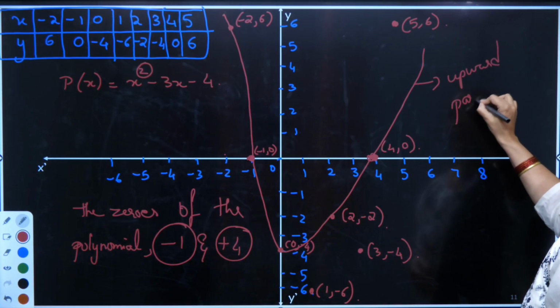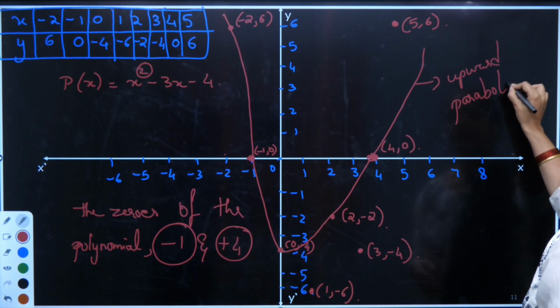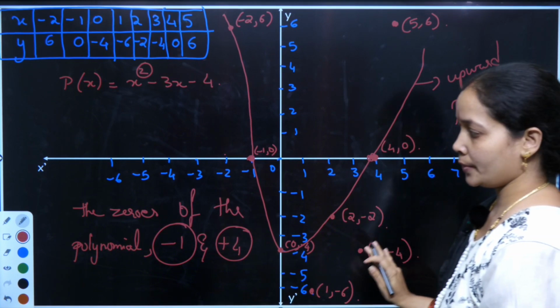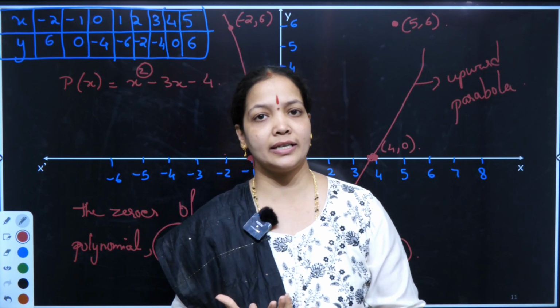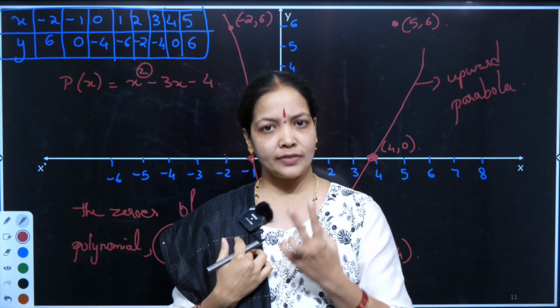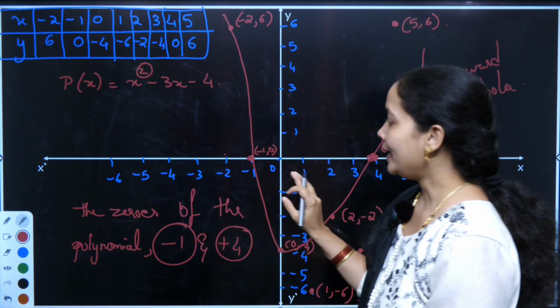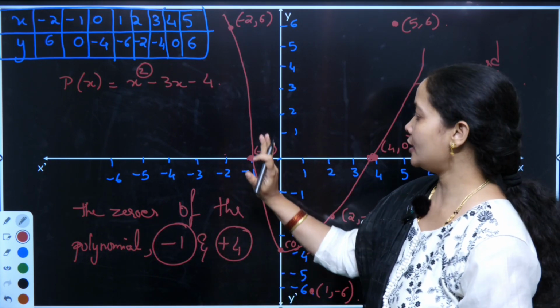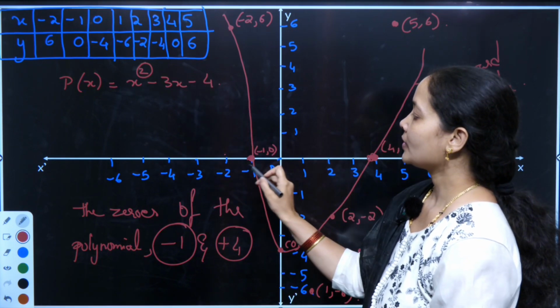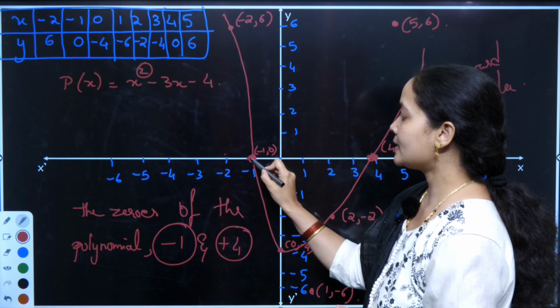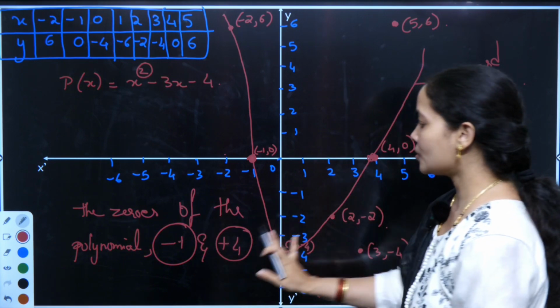Upward parabola. So, in a quadratic equation, when do we call an equation quadratic? When the degree is 2. If the degree is 2, obviously, it has to intersect the x-axis at two positions, and we have seen here in this example, the graph is touching the x-axis at negative 1 and positive 4.